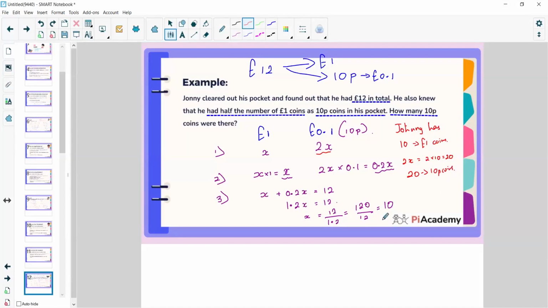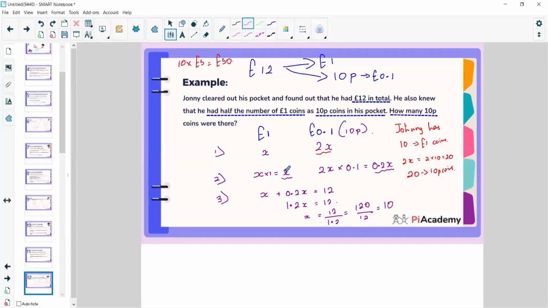Okay. Again, what you are basically doing is you are just assigning the variables to the number of different denominations of coins. Here it was 1 pound and 10p. So you assumed it as x, you got the other one as 2x. You worked out a total value of this number of coins. So, let's say, if I got 10 5-pound notes, the total would be 10 times 5 pounds, which is 50 pounds.